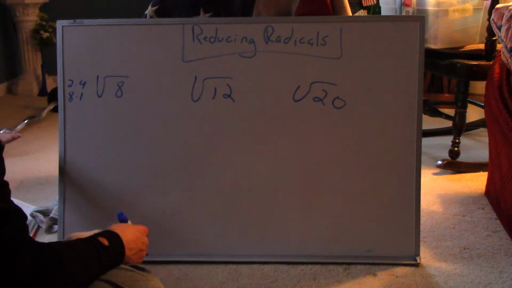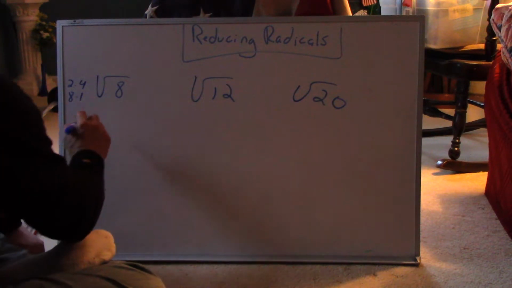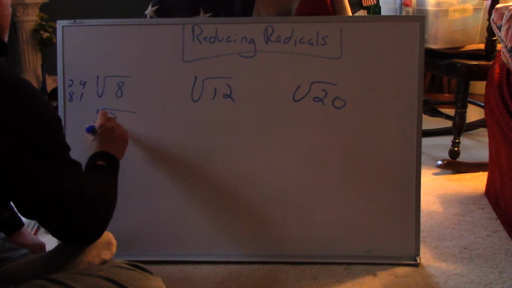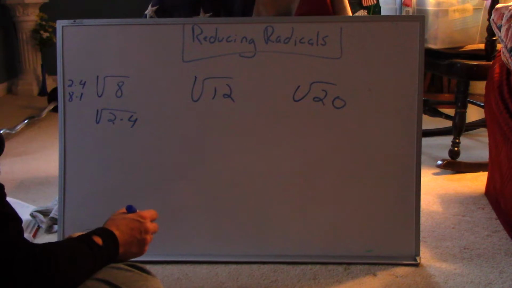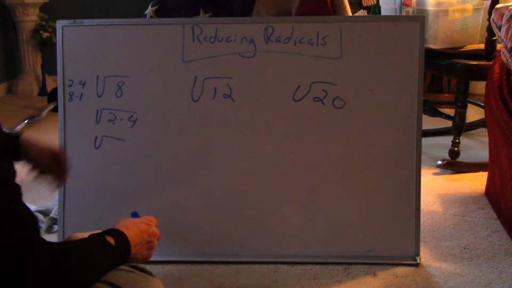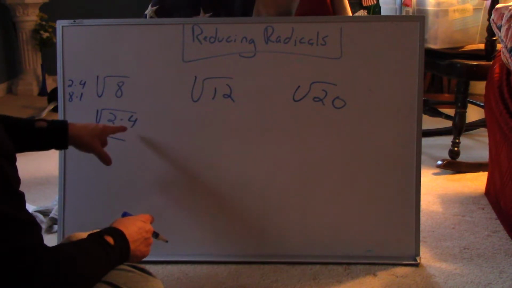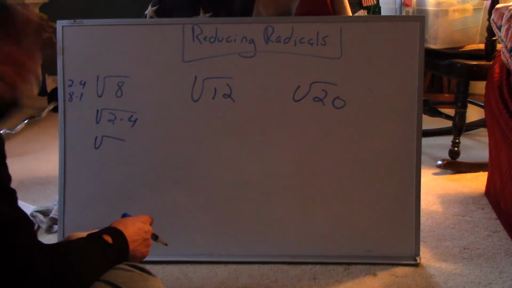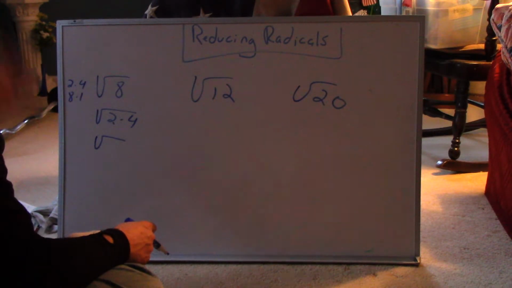Now if I look at this, where do I see an even square root? 4. 4 is an even square root. So then I write it under here. You know the dot means multiply. 2 times 4. Well, 4 is an even square root. So I got it. Now I say to myself, what is the square root of 4, which you should have memorized, and it's 2. Because 2 times 2 is 4.